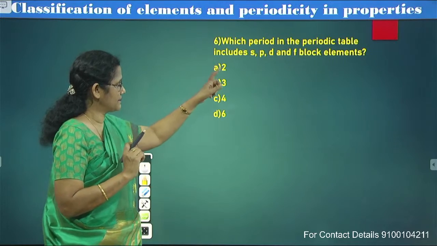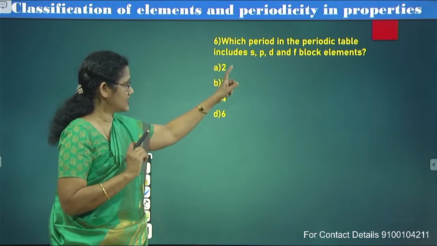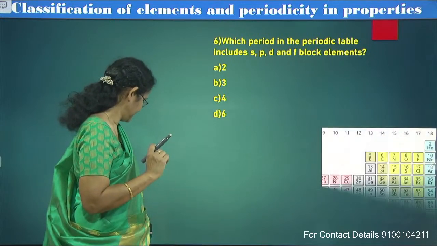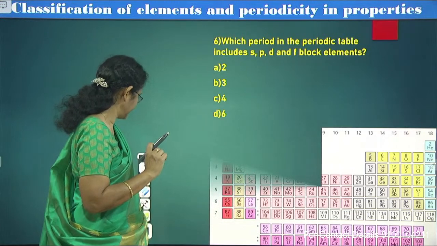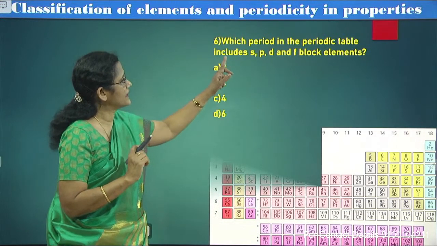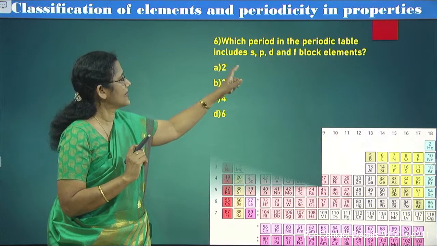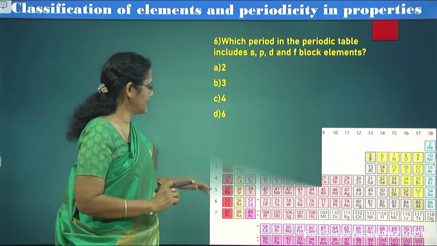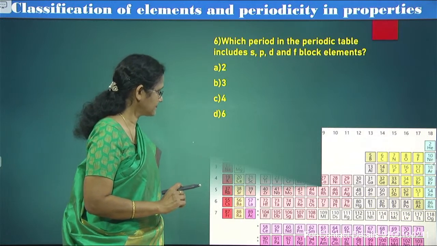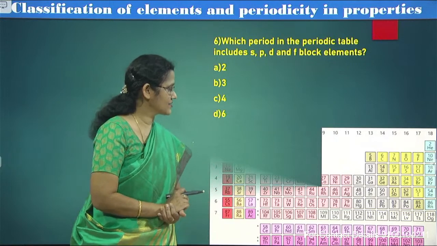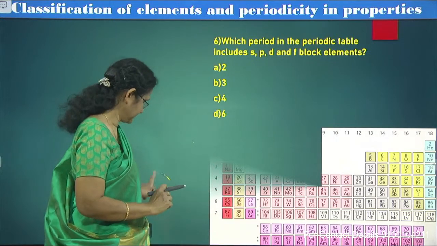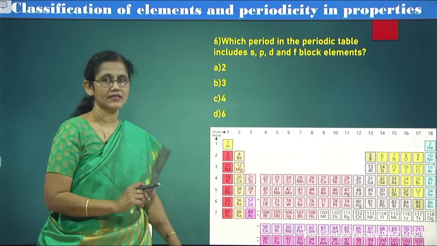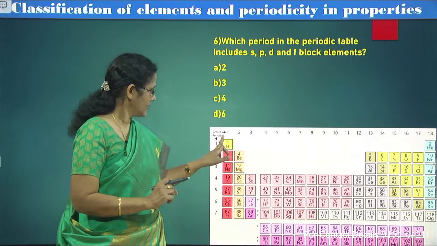Which period in the periodic table includes S, P, D and F block elements, right. See here, the first period has S block elements.